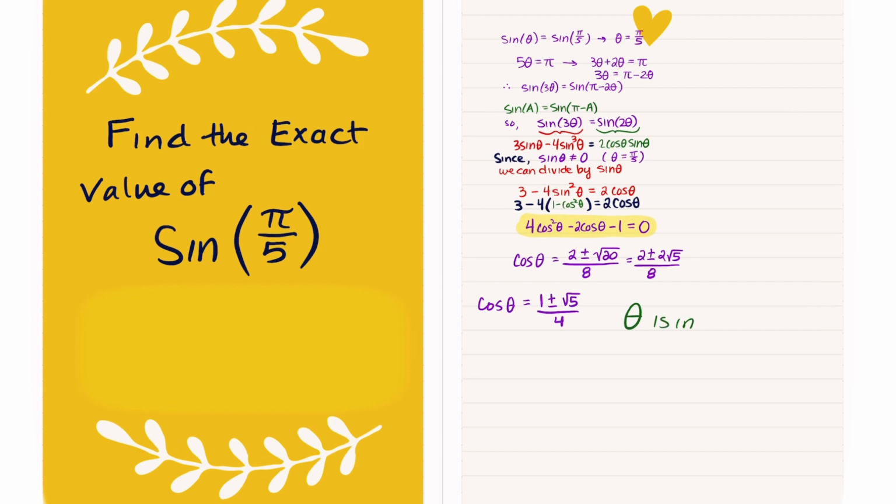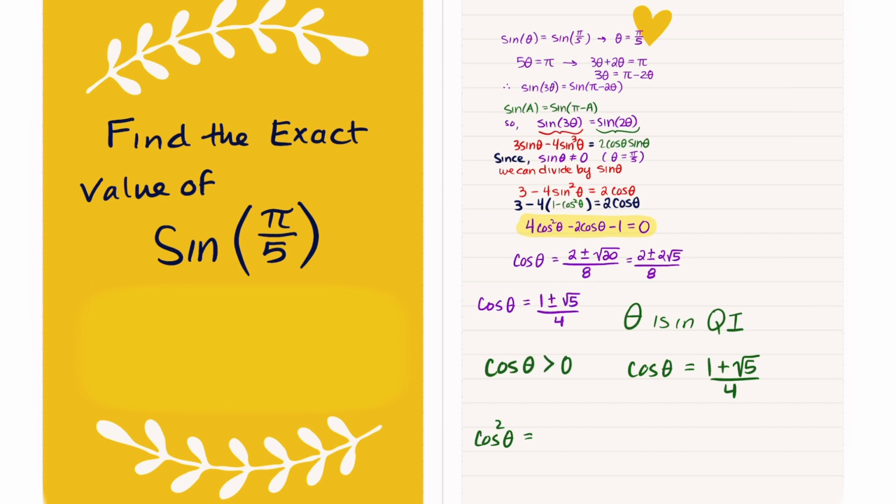Next, we make an observation that the angle theta is in quadrant 1. Therefore, the cosine of theta will have to be positive. Thus, we can say that the cosine of theta is the positive root of this, 1 plus the square root of 5 all over 4.